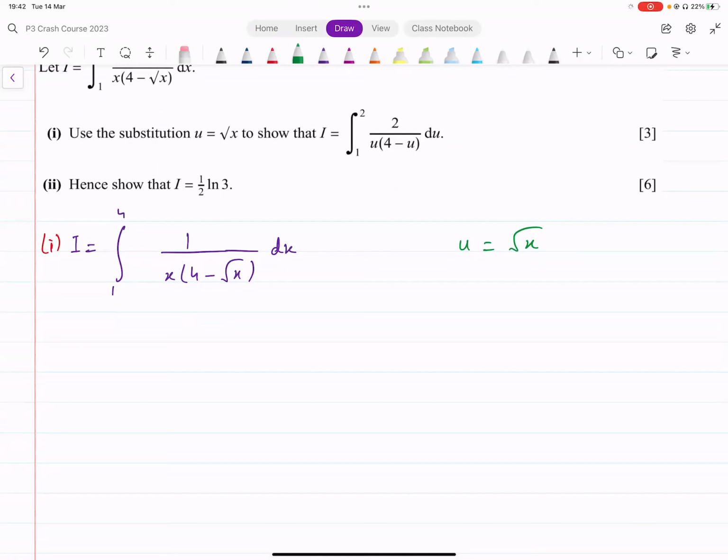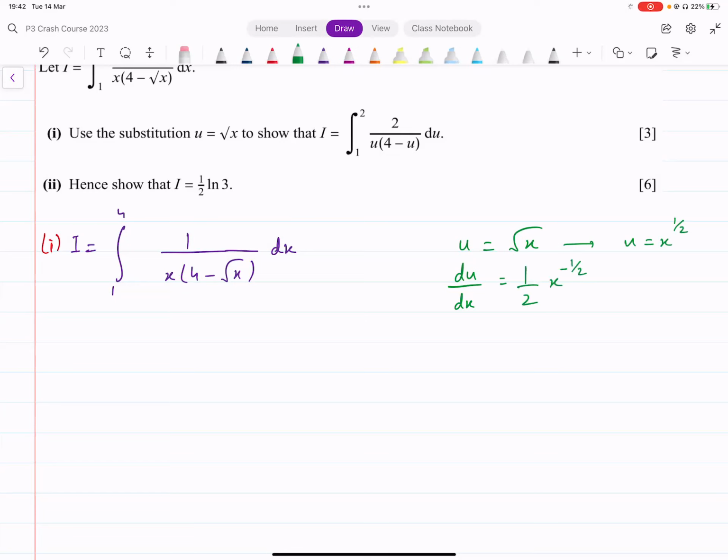All right. Now, the first thing we do is we differentiate it and find du over dx from this. What does that turn out to be? If u is square root of x, that gives us u equals x raised to power 1 over 2. How do you differentiate that? That's going to be half into x raised to power minus 1 over 2. That's du over dx.